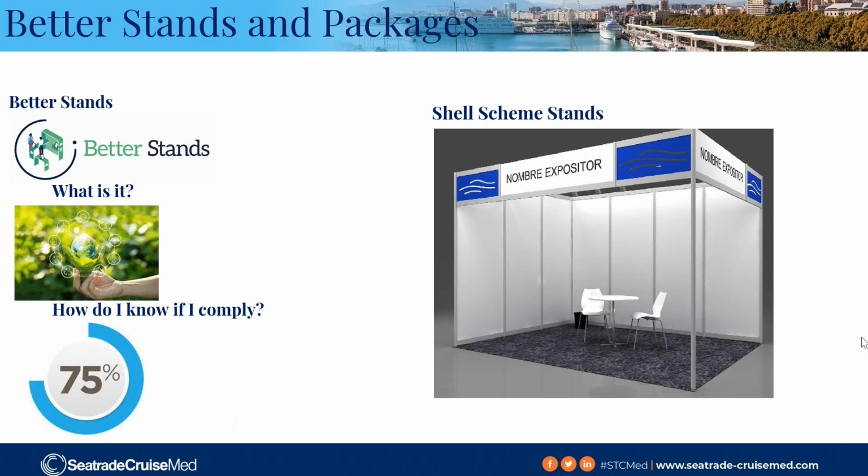What does it mean to be part of the Better Stands program? It means that basically up to 75% or more of your stand is made up of either reusable or recyclable materials. It is a program that's going to be encouraged and put forward into all of our shows moving forward. So it won't be the last time you hear about it. But yeah, that's what Better Stands is.